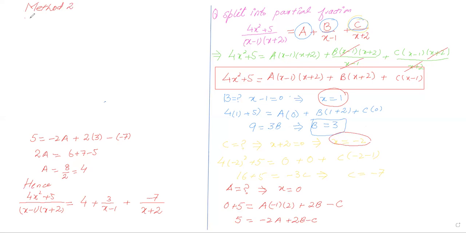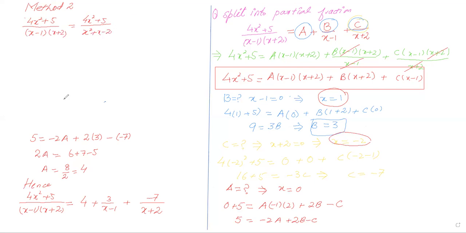The question is 4x squared plus 5 divided by x minus 1 into x plus 2. If I multiply the denominator, because the highest powers of the degrees are the same in 4x squared plus 5, I have to use the long division method. So the denominator becomes x squared plus x minus 2.